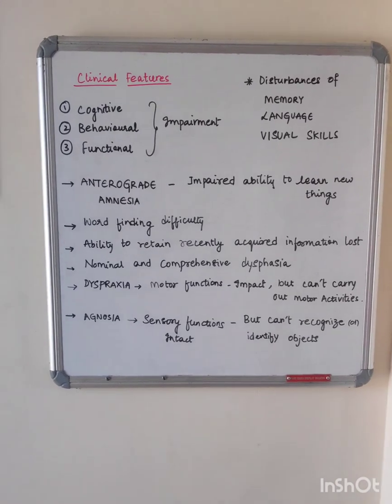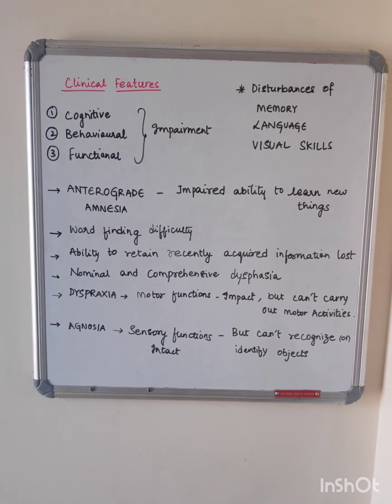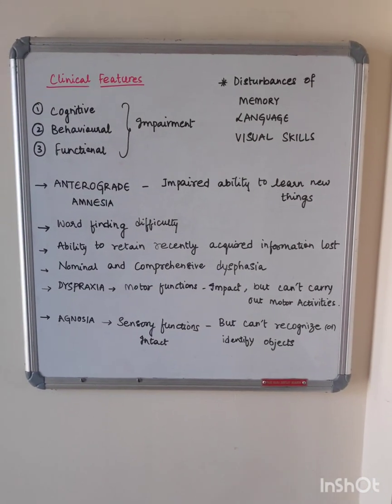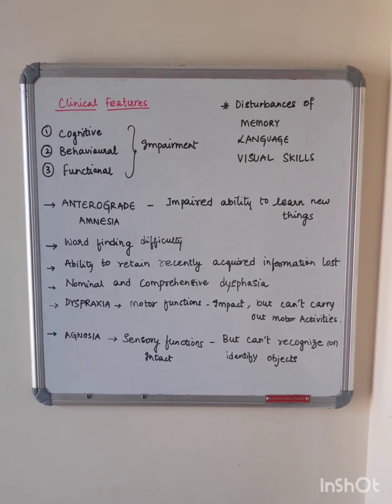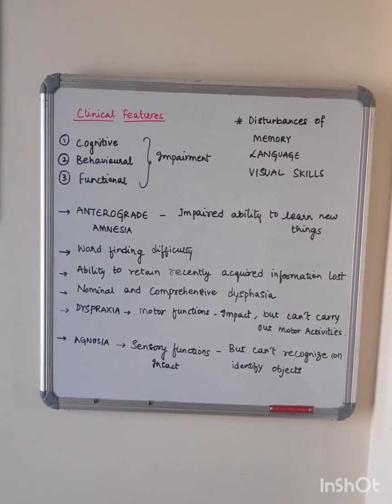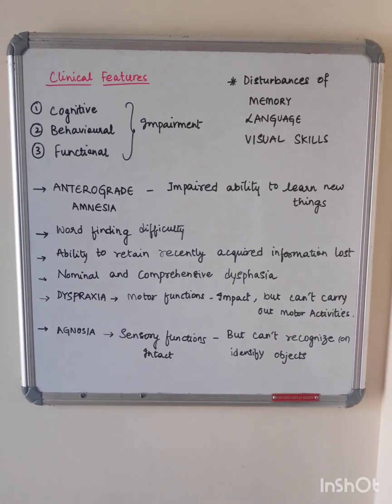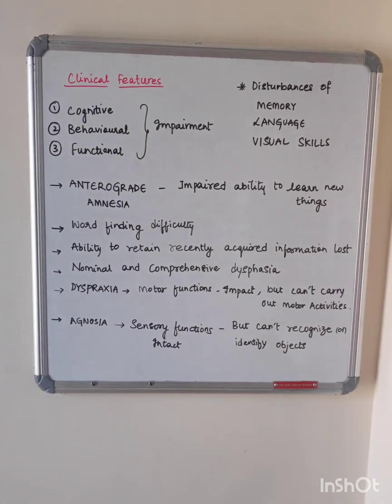And we can also see word finding difficulty. Word finding difficulty means, for example, if they want to express any sentence, they cannot find the right words. This is an important and initial manifestation of language disturbance, and the ability to retain recently acquired information is lost. As I have said, anterograde amnesia.